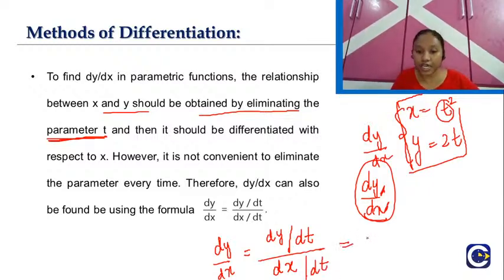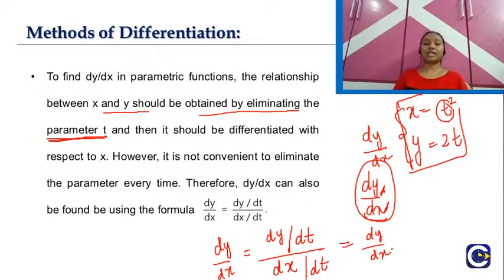If we rearrange this, dt gets cancelled and we end up with dy by dx. If we follow this formula, it is easy for us to find the differentiation of the given parametric function.